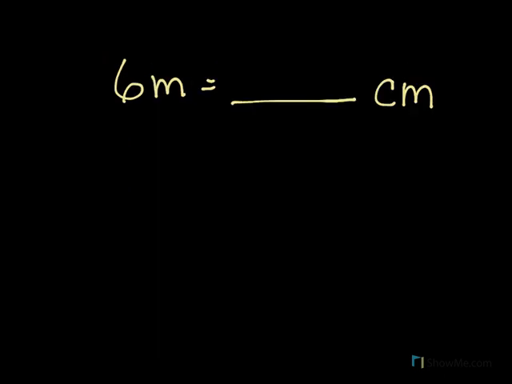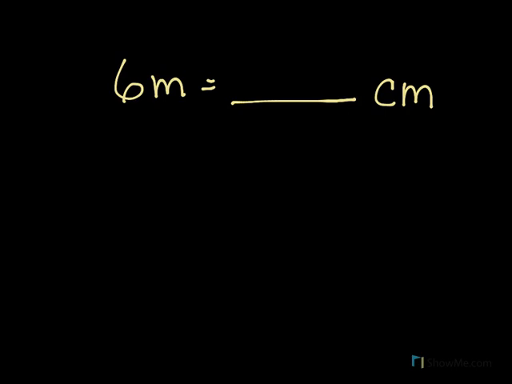All right, so this leads me to our next problem. So in this problem, we have 6 meters, M stands for meter, equals how many centimeters? Well, the first step is to write down what you know.